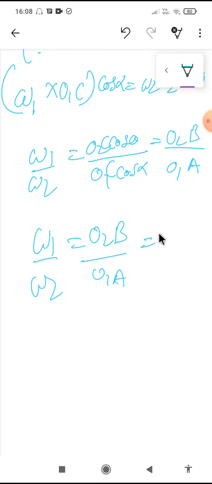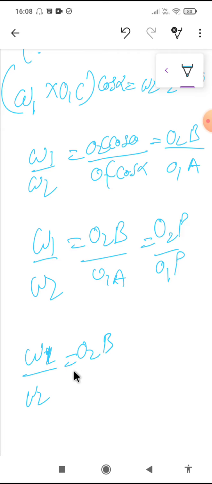So our equation will become omega 1 divided by omega 2 is equal to O2B by O1A is equal to O2P by O1P is equal to PB by AP.